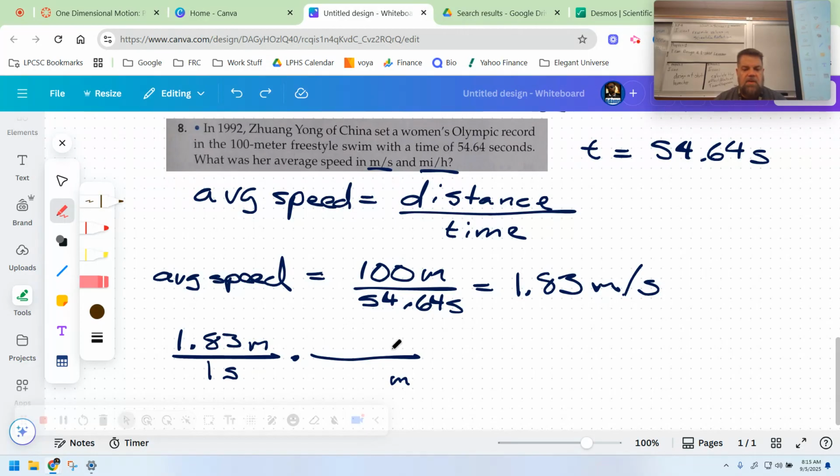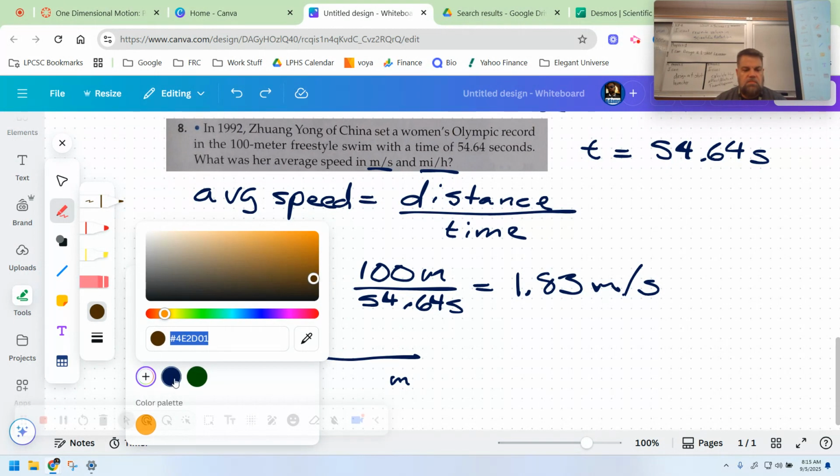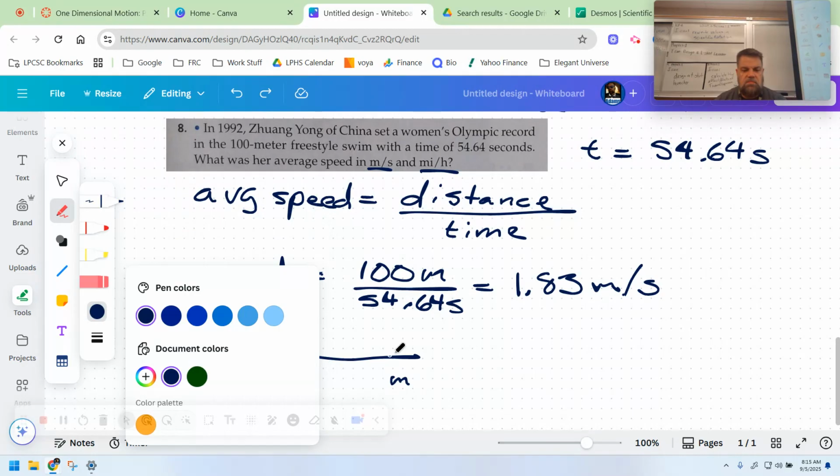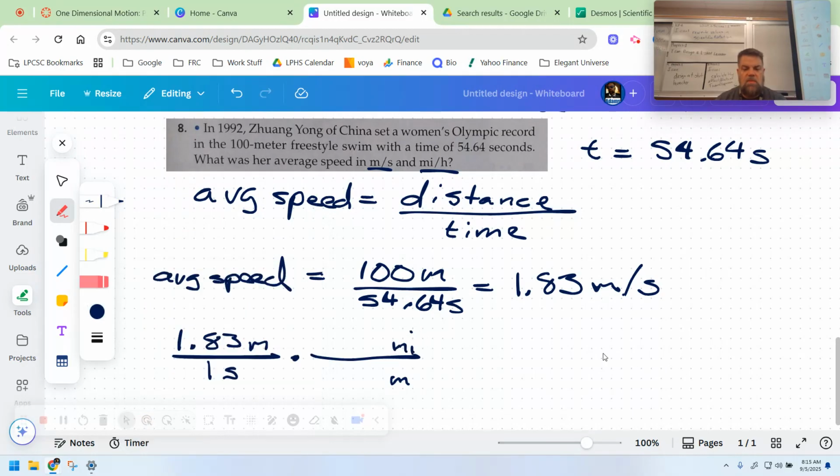So then I'm going to convert that meters to miles. On that conversion paper, look for an equivalency of meters to miles.